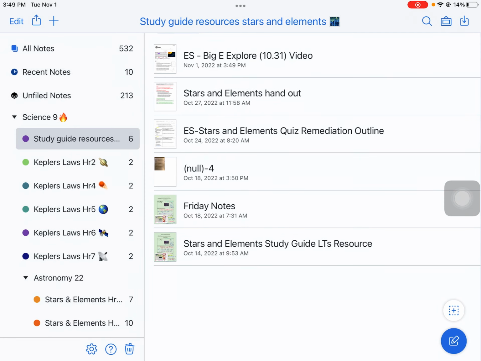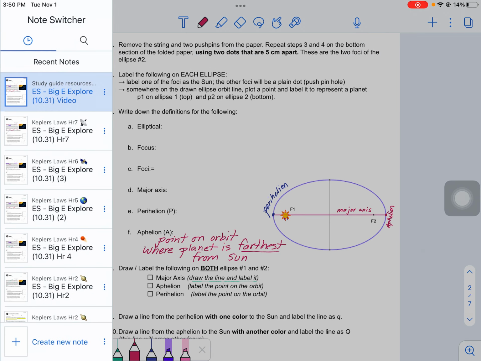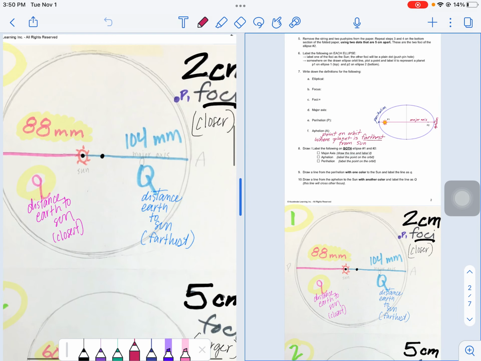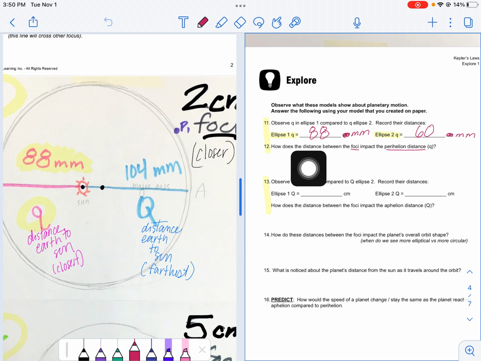I'm going to go back here. There we go. So I want to look at our diagram and record some info.